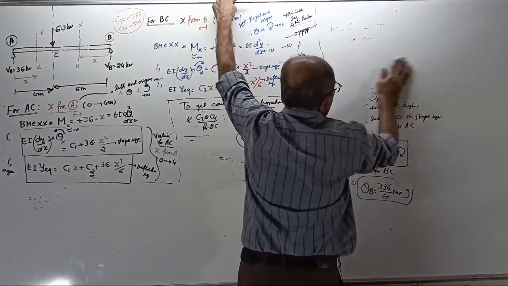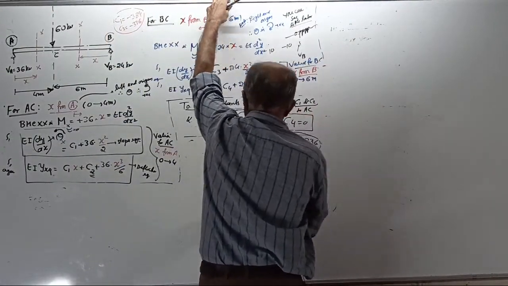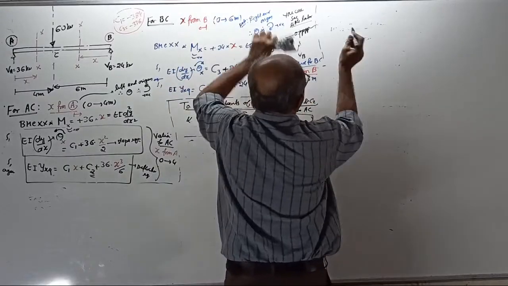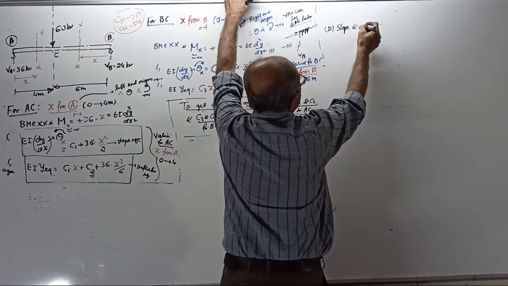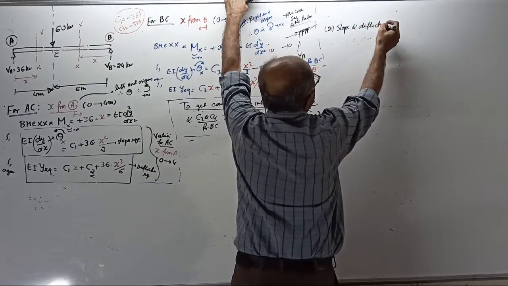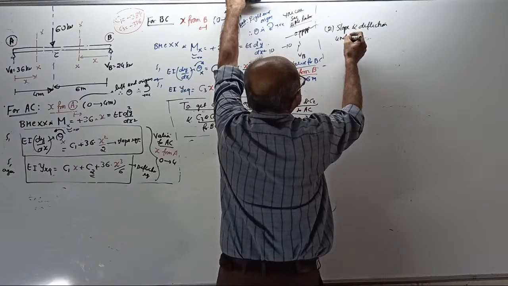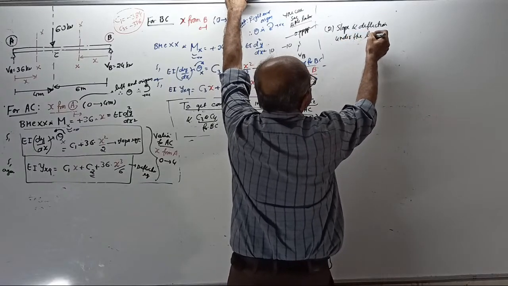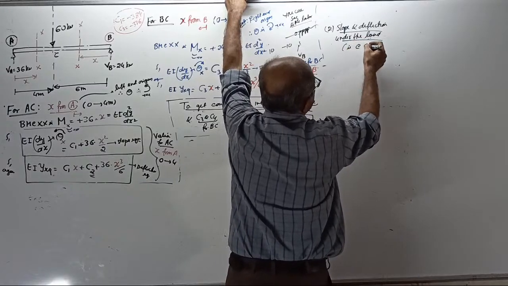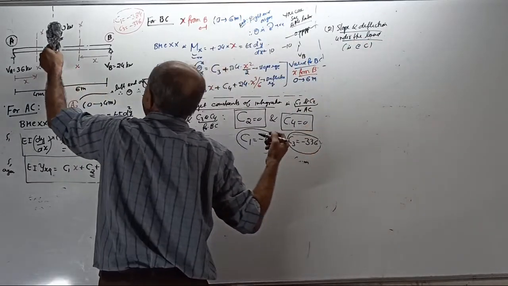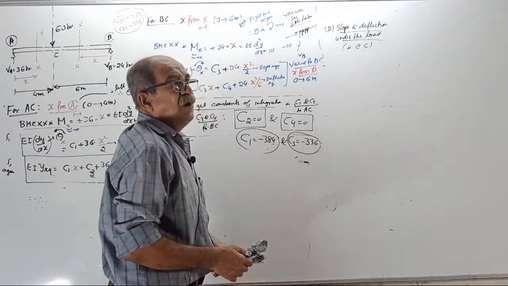Now, after maximum slope, what do they want? Second, they want slope and deflection under the load. Under the load means at C. At C they want slope. Now you have two options.